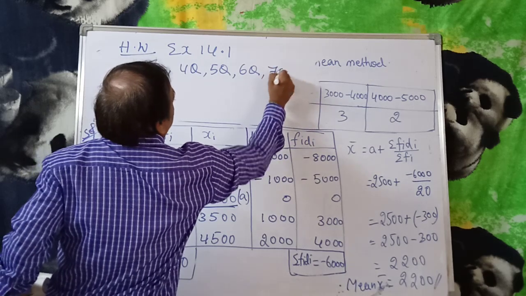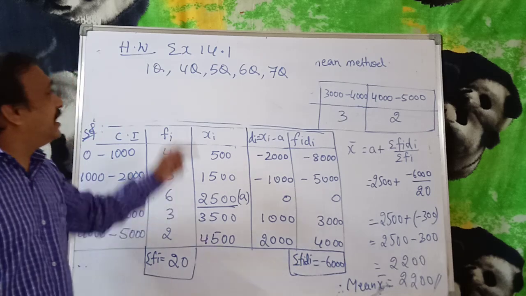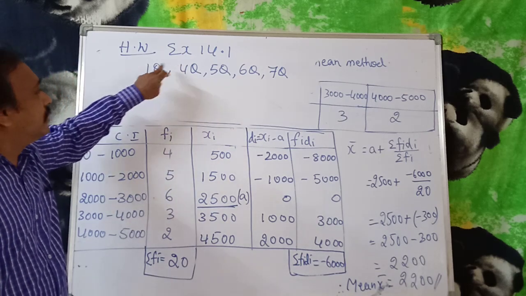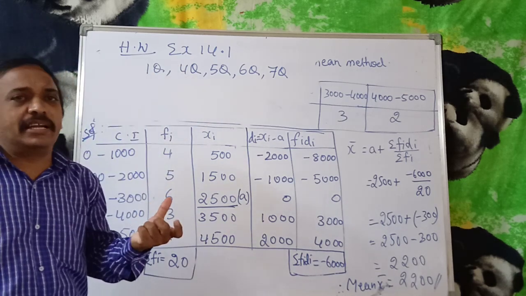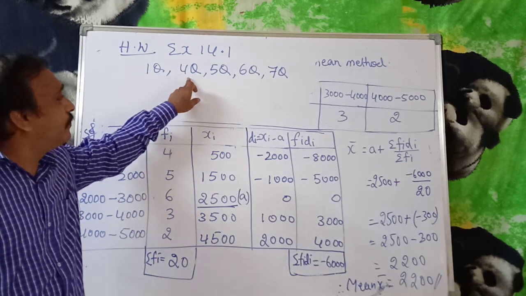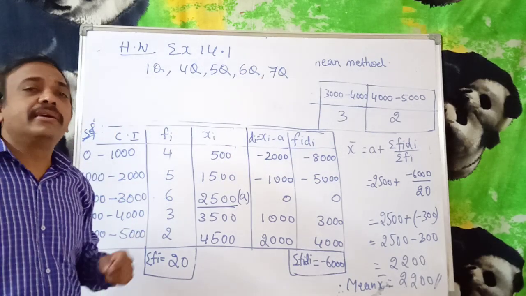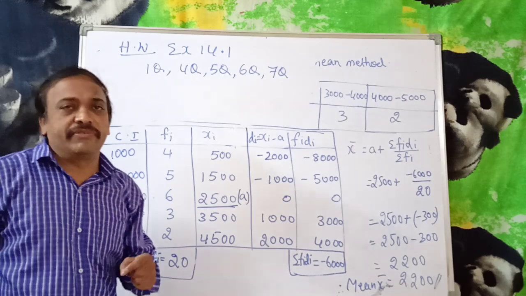Why didn't I give the second and third questions? The second question has the smallest data, so you can use any method. Finish these questions: 1, 4, 5, 6, 7. I'll explain the third question, which has a missing frequency.